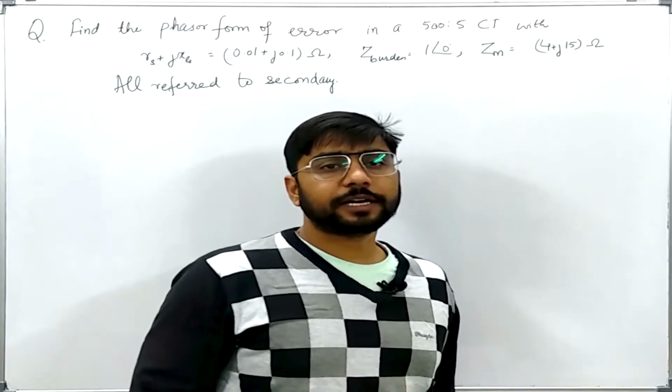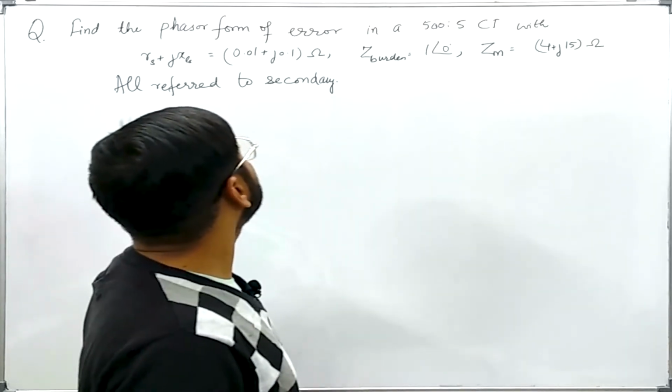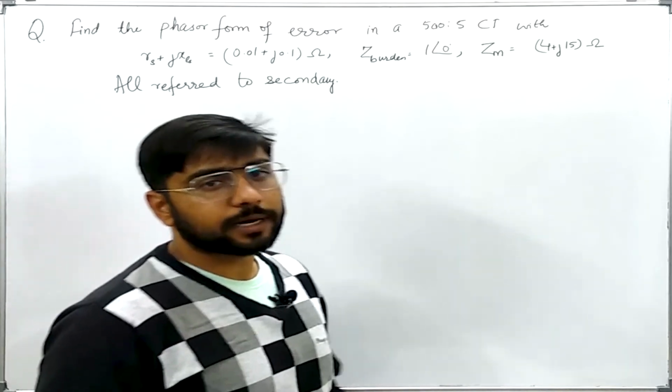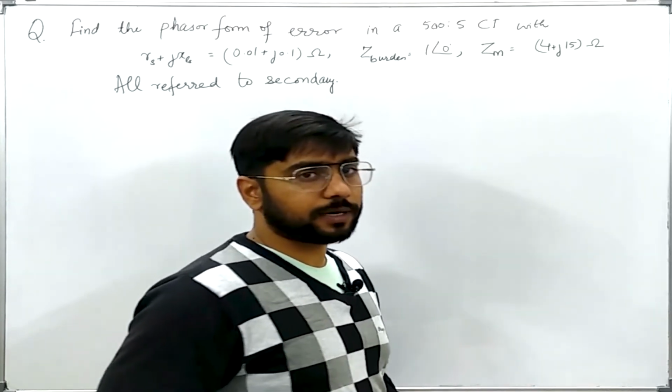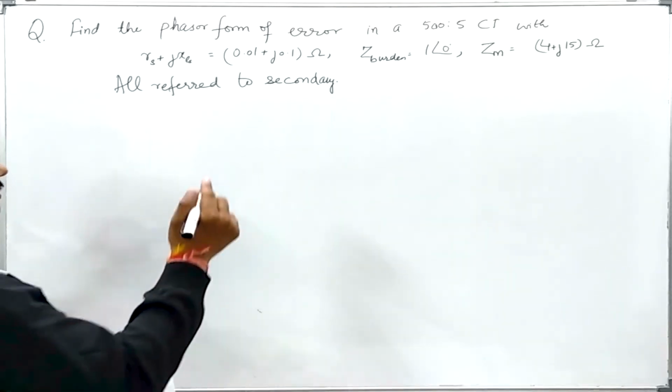So we need to find the error in the Phasor form. How to do that? It is very easy if we know the equivalent circuit diagram of the current transformer. Now let us draw that thing.